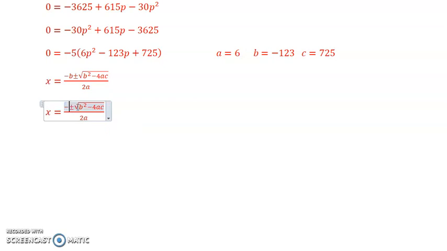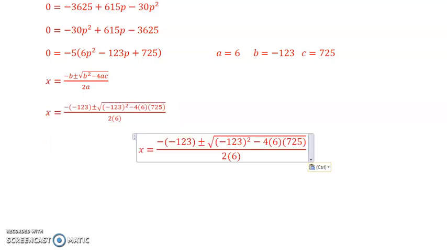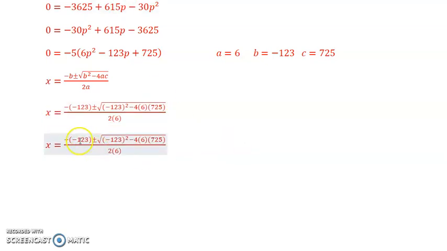So we'll put B in at negative 123. Negative 123 squared minus 4 times 6, and our C value is 725, and our A value is 6. Okay. Then we'll clean this up a bit. So a negative ends up being 123. 123 squared.